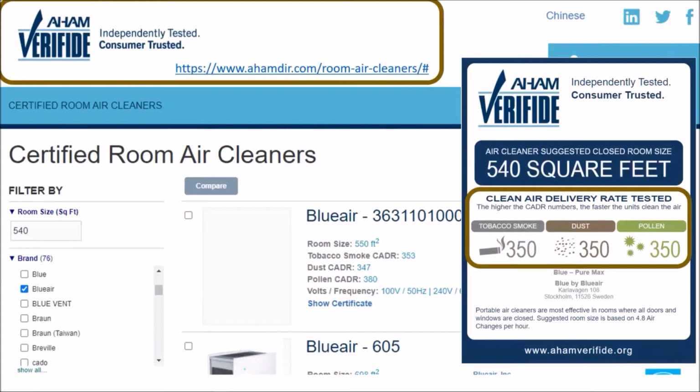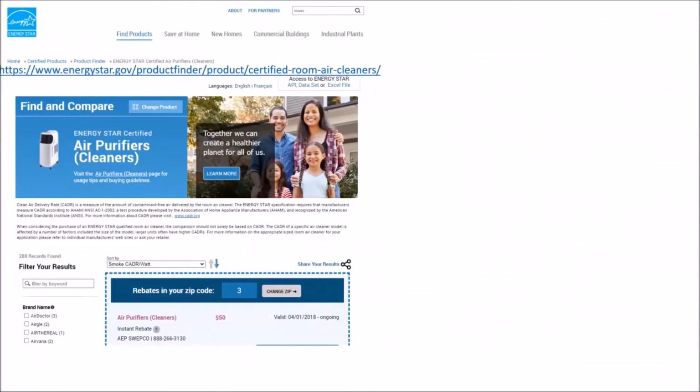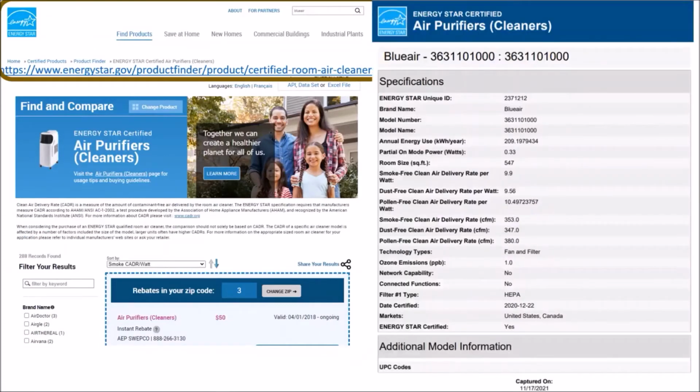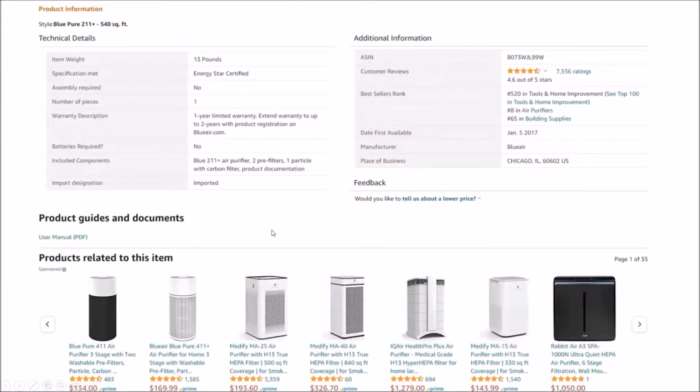So I didn't find it that useful, and it also seems to be kind of a way of selling these things. There's also Energy Star. It has a website where you can look up air purifiers and you get a lot more detailed information. You get the CADR numbers, which aren't rounded off this time, so you get more exact numbers. But it doesn't have noise.